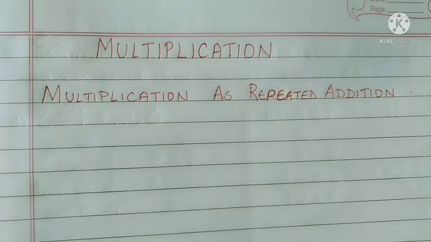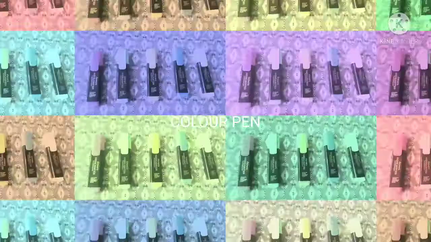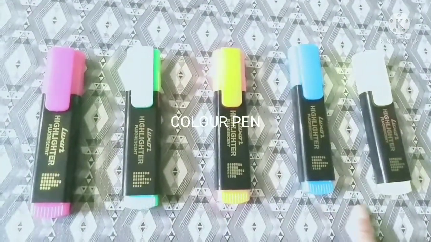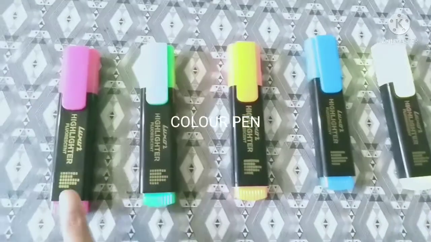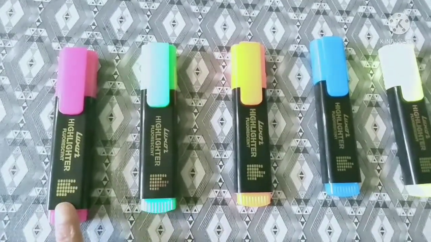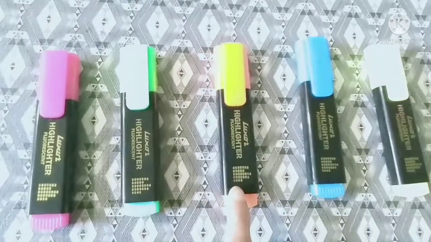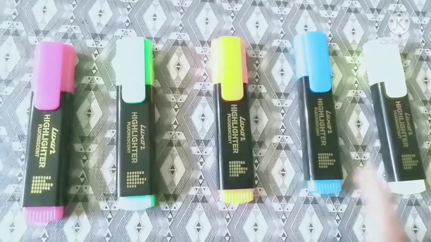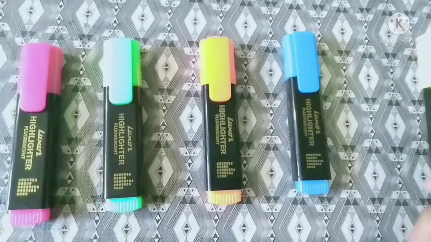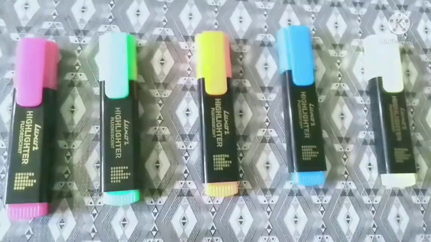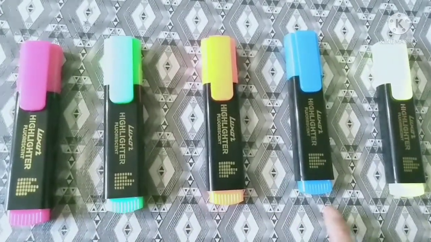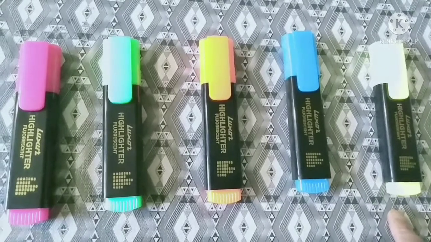Here is an example of 5 different color pens. One pen of pink color, one green, one yellow, one blue and one fluorescent. So we have 5 different colors of pen.